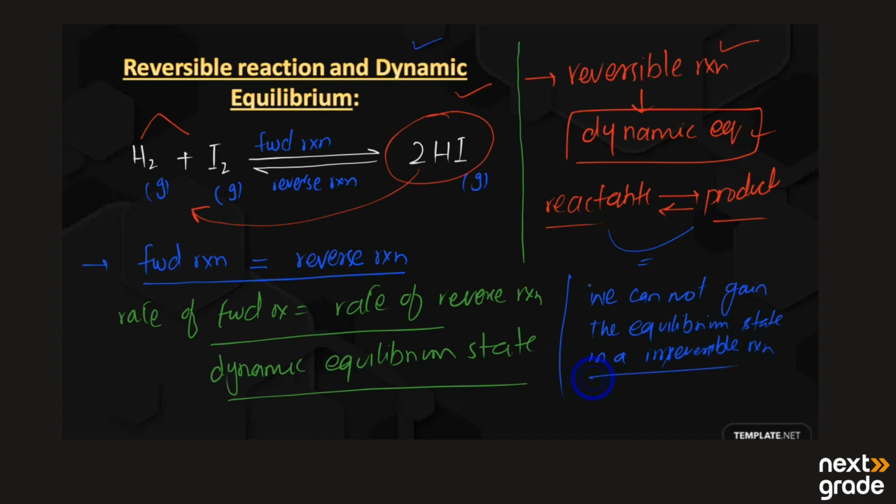This is the main thing you must remember: we can gain the dynamic equilibrium state only in a reversible reaction, but not in an irreversible reaction.